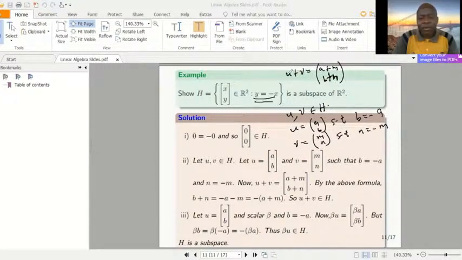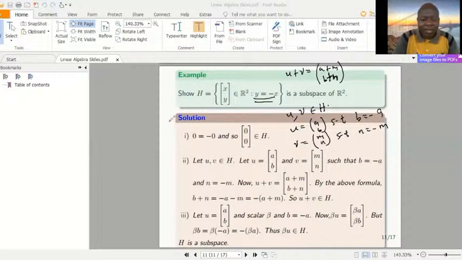So this is the sum of u and v. Now, my duty is to show that this sum is in H. My duty is to show that the second element is negative the first element. Let me just show that.